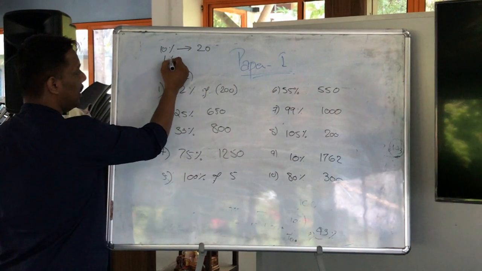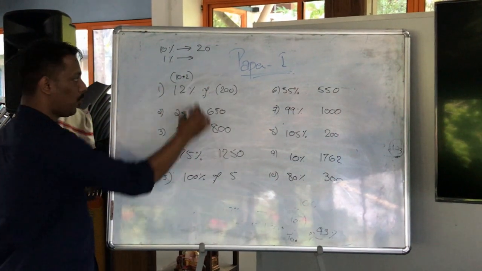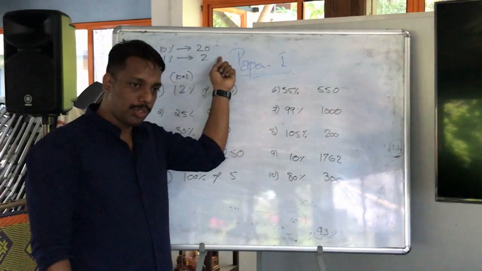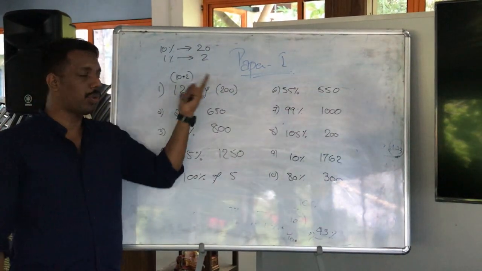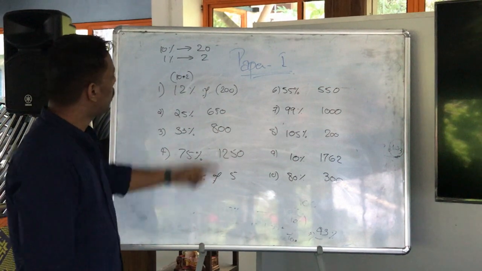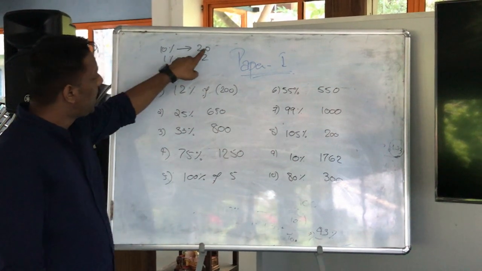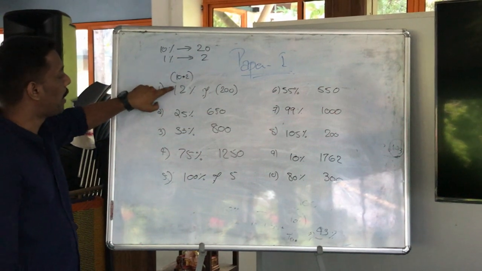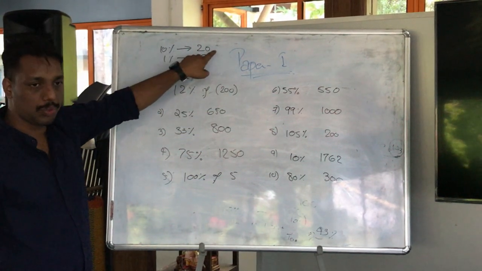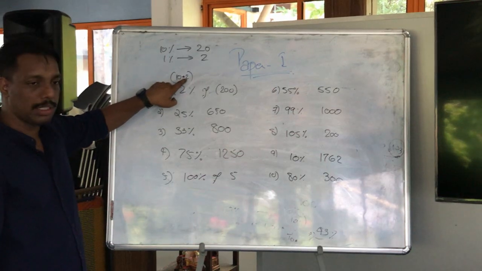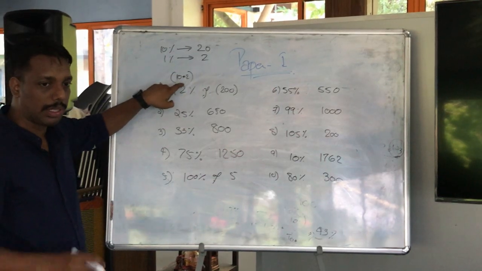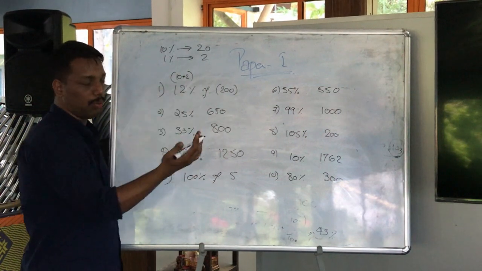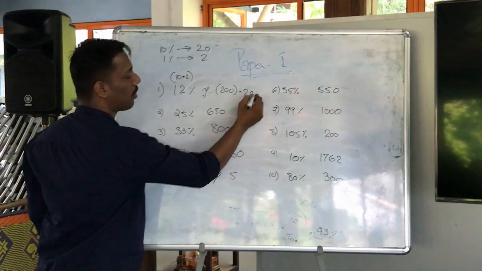What is 1 percentage? 1 percentage is 2. Then what is 12 percentage of 200? It is 20 plus 4, since 2 percentage is 4. The answer will be 24.